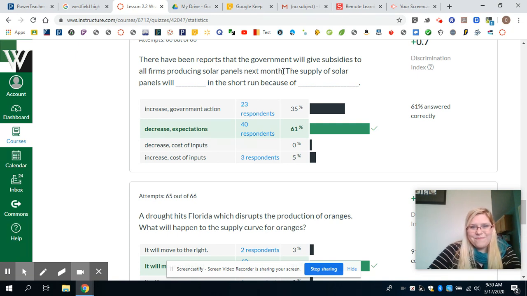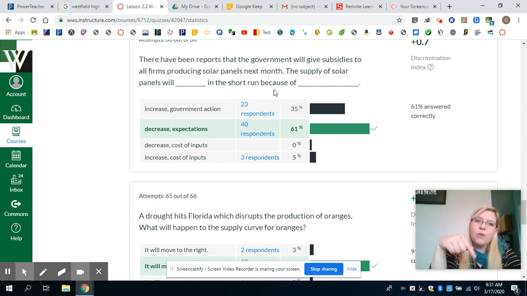What's going to happen? The supply of solar panels will do what in the short run? Short run means right now, immediate action. If I know that I'm going to get a subsidy next month, why would I produce today? That doesn't make any sense. I'm going to produce when there's the subsidy available, when the government's giving me the money, right?